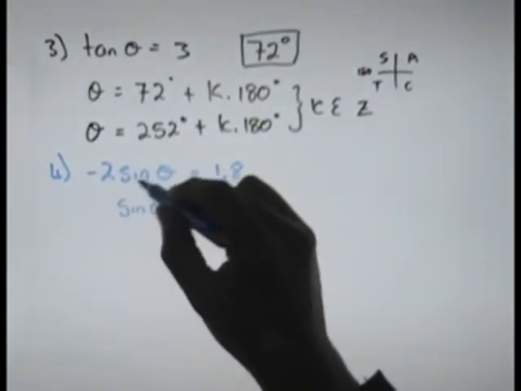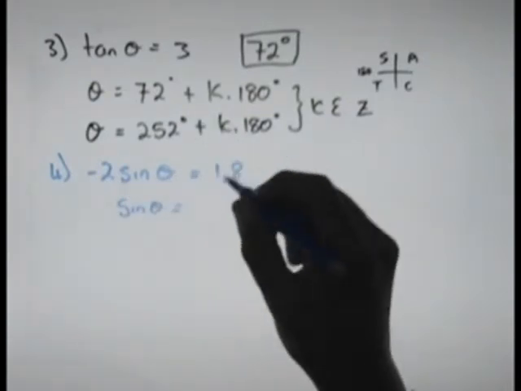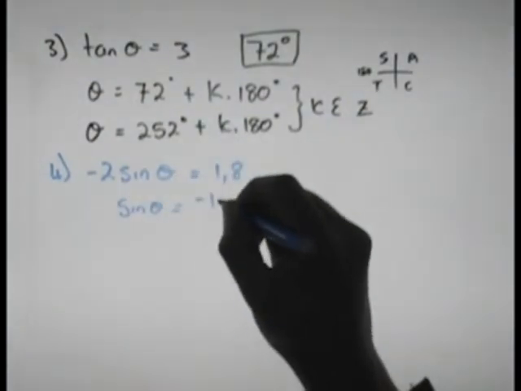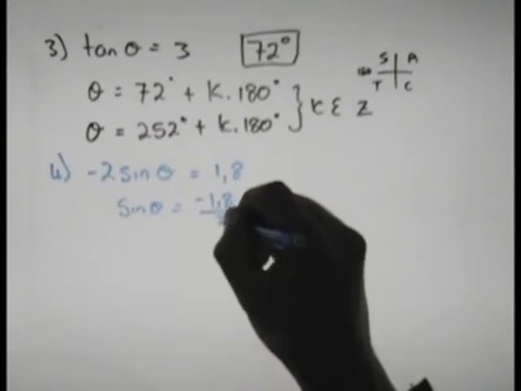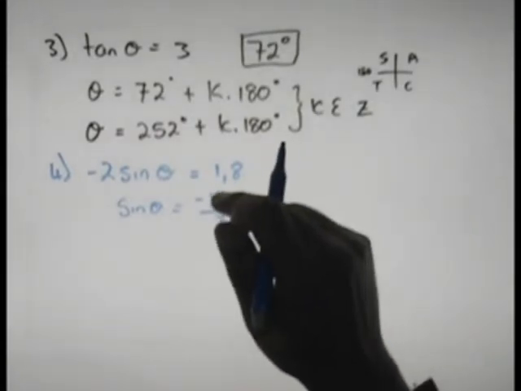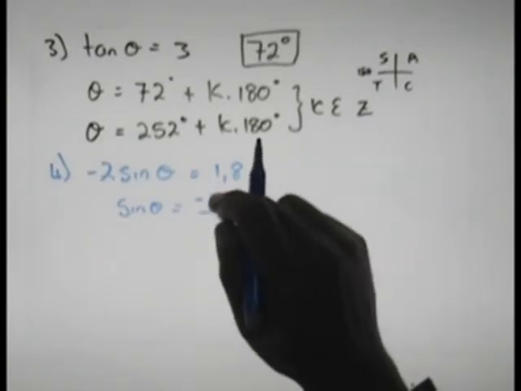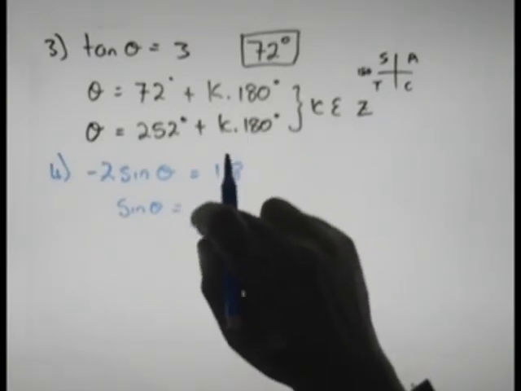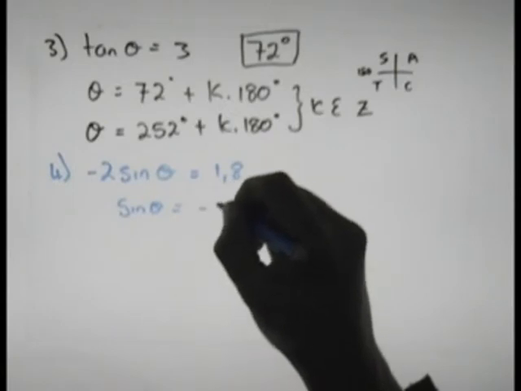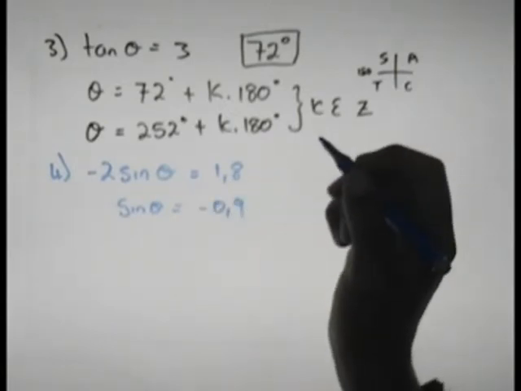In order to do that, we're going to divide this side by a -2. What we do to one side, we do to the other. 1.8 divided by 2 is the same as 0.9. So that's sine theta is equal to -0.9.